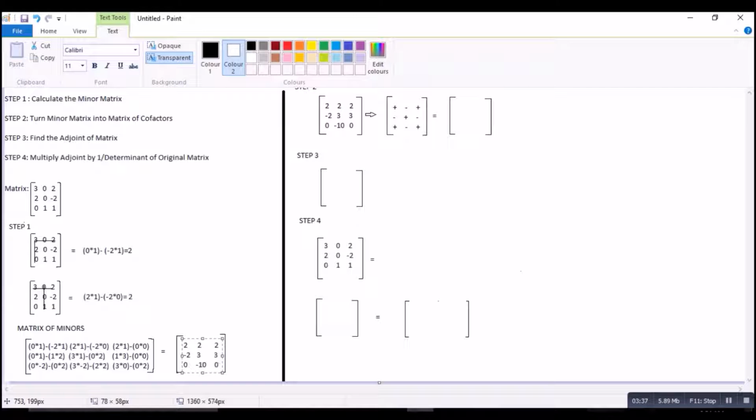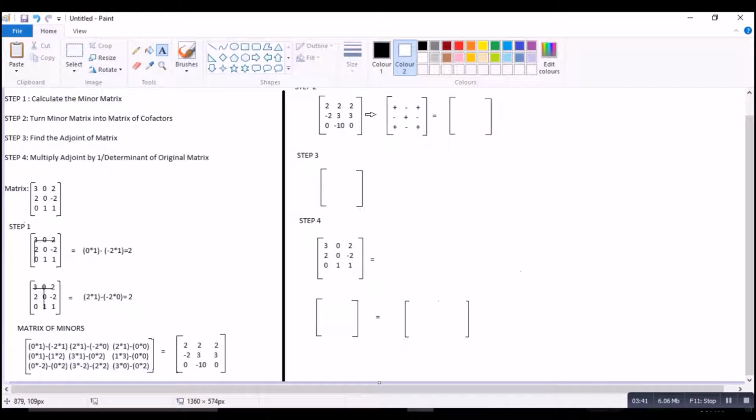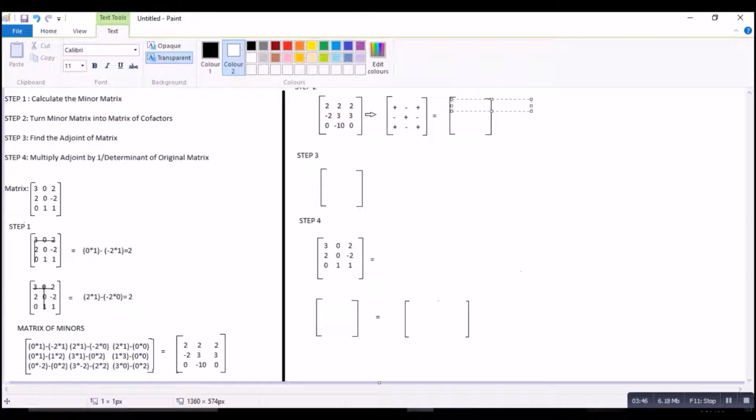Now moving on to step 2, to convert into the matrix of cofactors, apply the checkerboard of minuses. By applying this checkerboard, we will change the sign of the alternate values. So our new matrix of cofactors will contain the values 2, negative 2, that is, we have changed the sign, and 2.